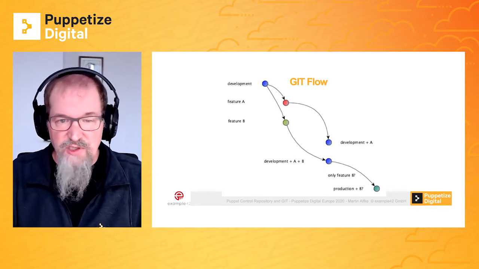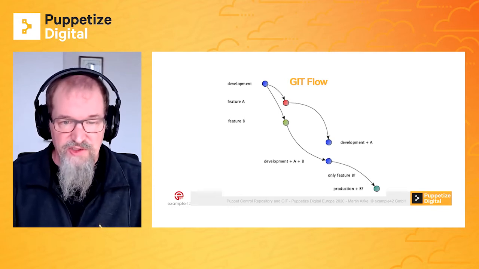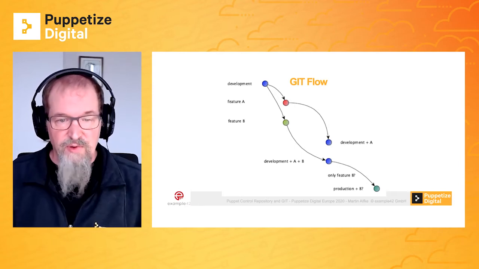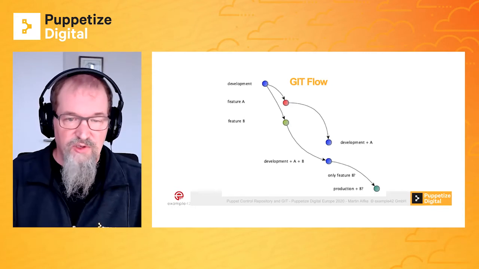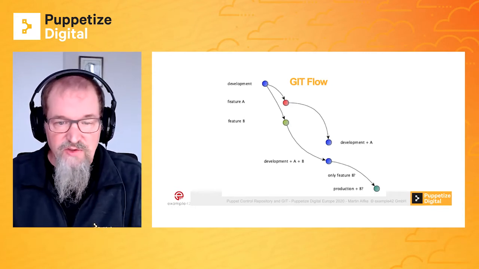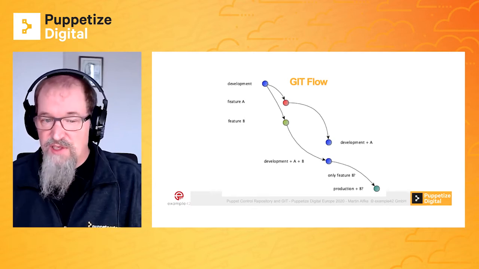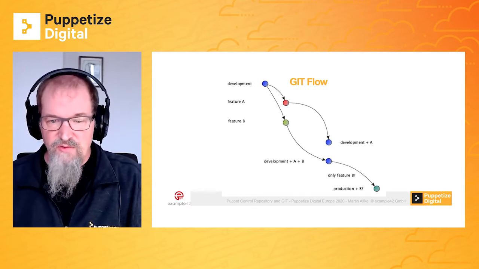So people have to still continue working on this feature A, but feature B is something that you want to have in production. But when you now merge from your development plus A plus B into production, you get both features inside, but you only want feature B in production. That's the reason why you cannot do merges anymore.